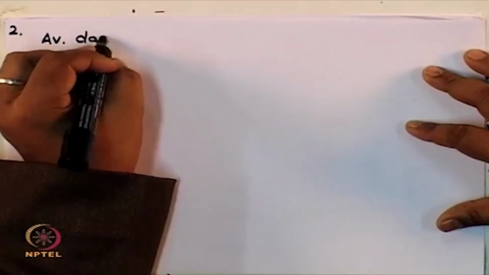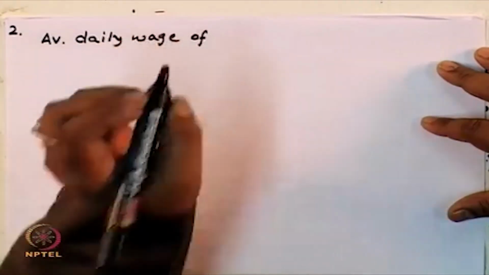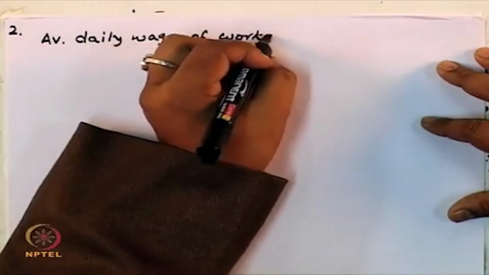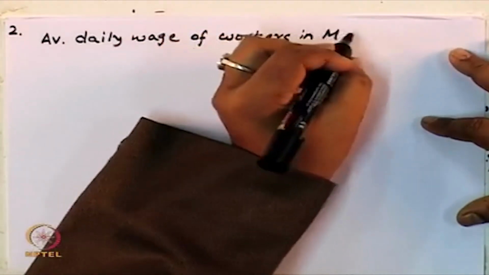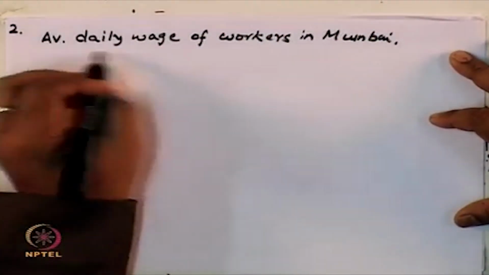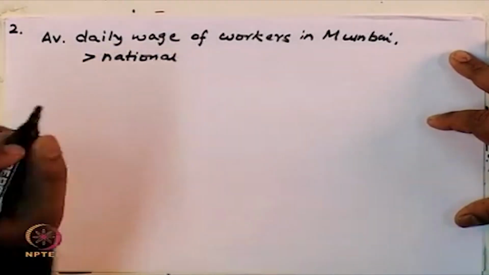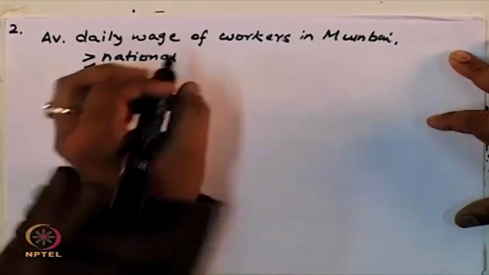Imagine you want to calculate the average daily wage of workers in Mumbai, and you want to come to the conclusion whether this average daily wage is greater or lesser than the national average.